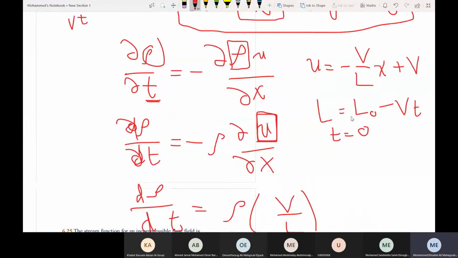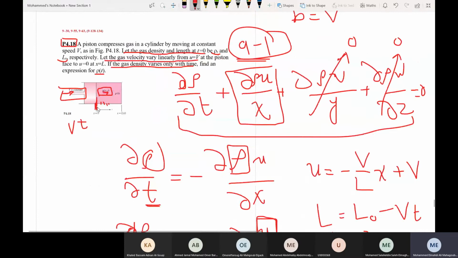Why is that? Because here at the beginning we have L naught, and as the piston moves we are decreasing. L naught is decreasing. We assume that L at the beginning is L naught, the distance at the beginning that the gas is enclosed in.